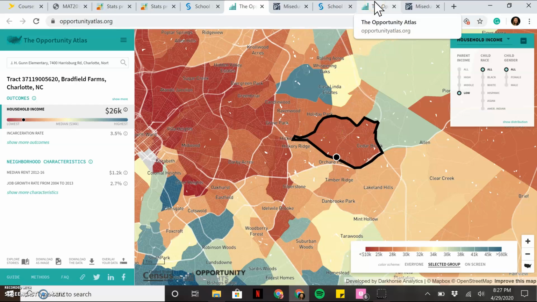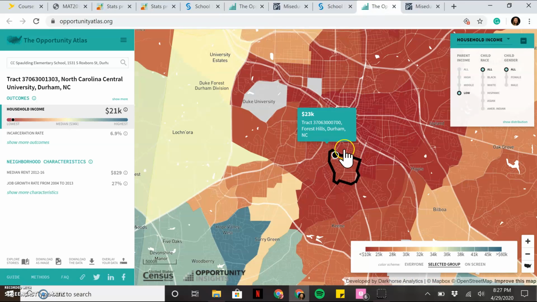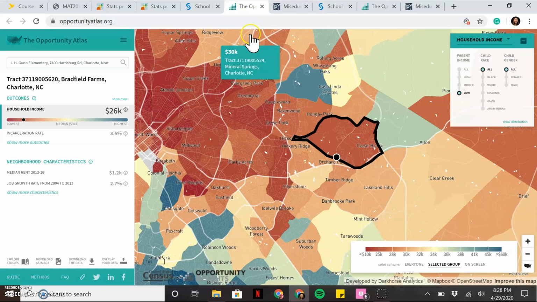So this is the J.H. Gunn Elementary School, and this is the C.C. Spalding's Elementary School, and you can see that the C.C. Spalding's is actually in a lower income area than the J.H. Gunn Elementary School. And this just gave me the broader sense of why these students might be on free and reduced lunch, because the income is lower in these areas.